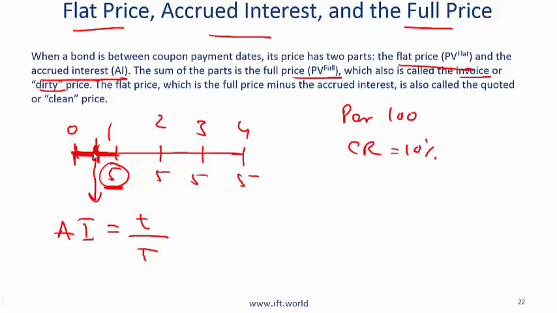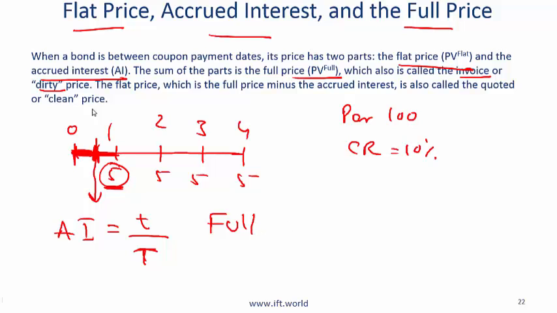The simplistic formula for accrued interest is small t over big T, where small t is this period in days and big T is the number of days in the full period. So this might be 180. If we are using a 30-360 convention, then you have 360 in a year, and in 6 months you have 180. So in that scenario, big T is 180. And if this is happening halfway through, then small t is going to be 90. So this is accrued interest. Now, how do we calculate the full price?